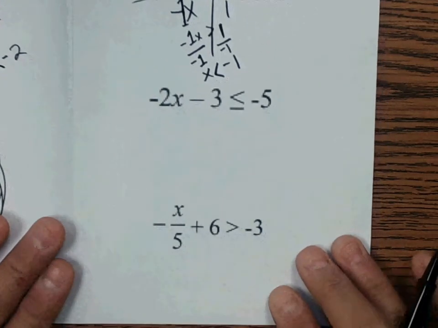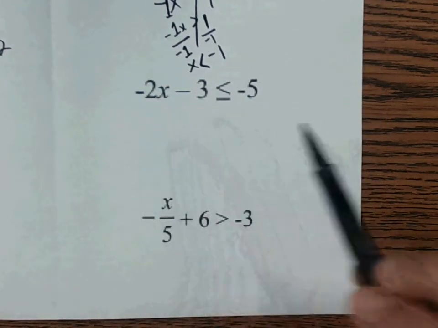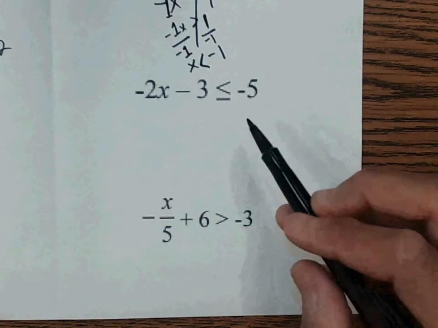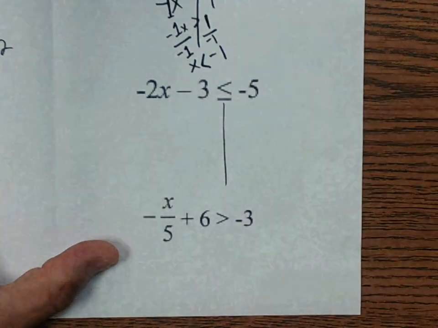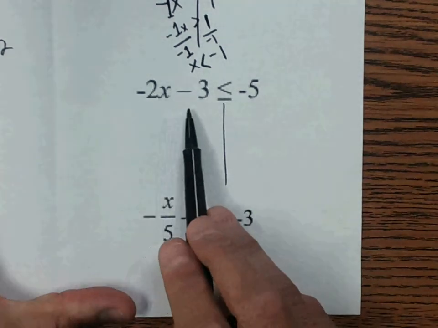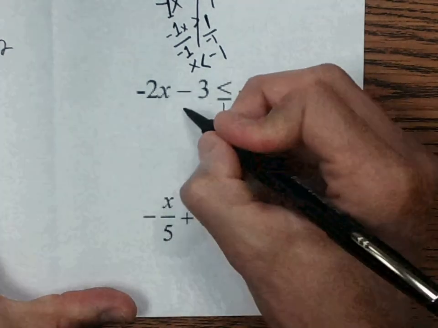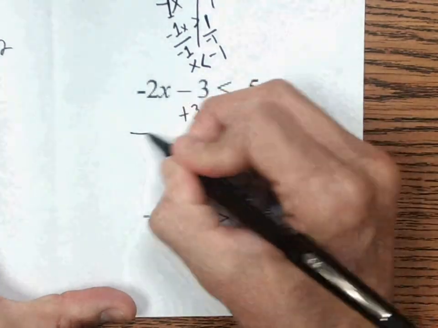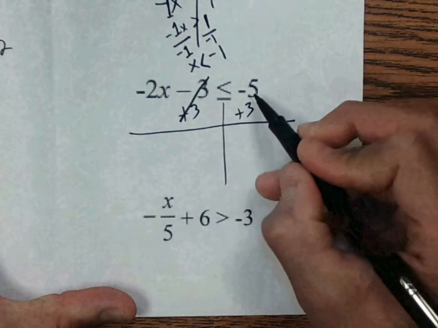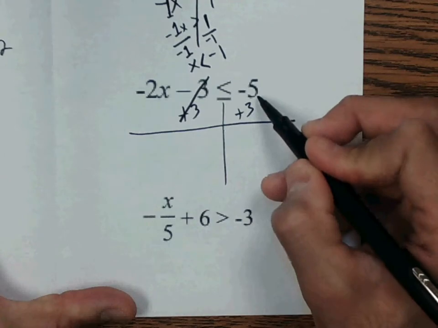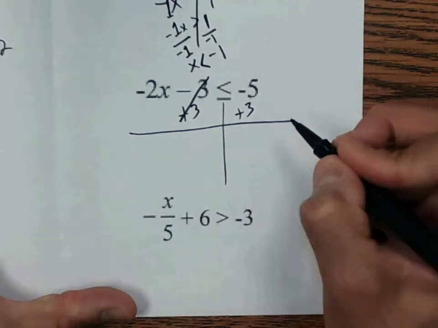Next example. I got negative 2x minus 3 is less than or equal to negative 5. We're going to zero out our negative 3 by adding 3. We do the same thing to the opposite side. Well, if I got negative 5 and I'm adding 3, I'm actually going to have some 0 pairs.